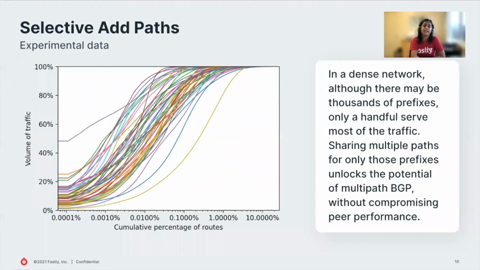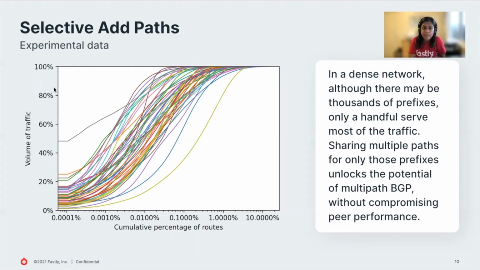So this is some data that we have from our networks, and the lines here show traffic information from different sites within the Fastly global network. We see that for most of the sites, a large volume of traffic is served with a very low percentage of routes.